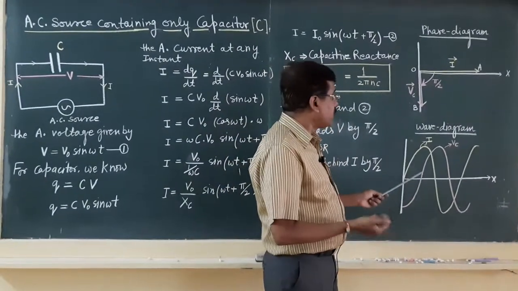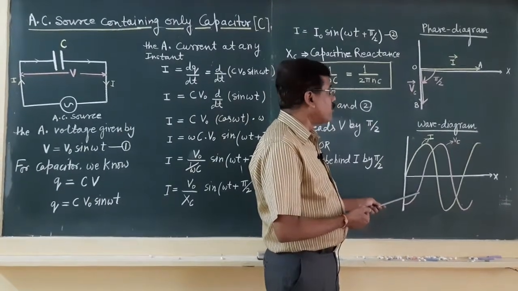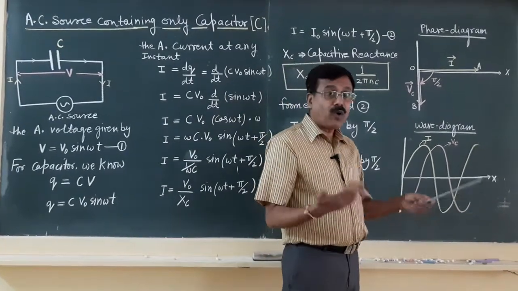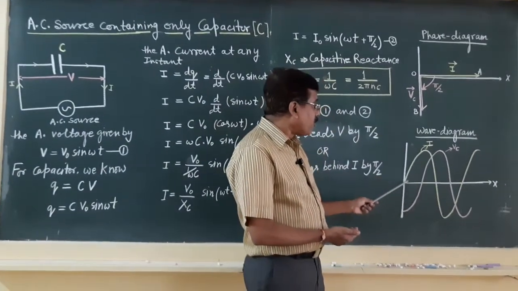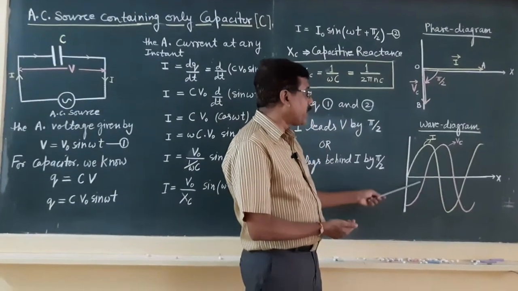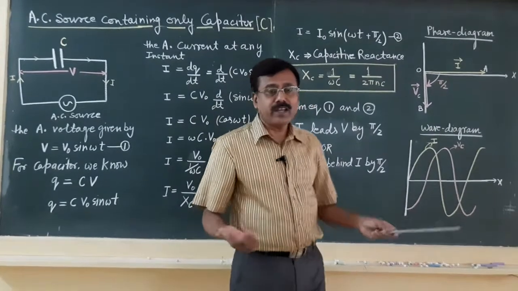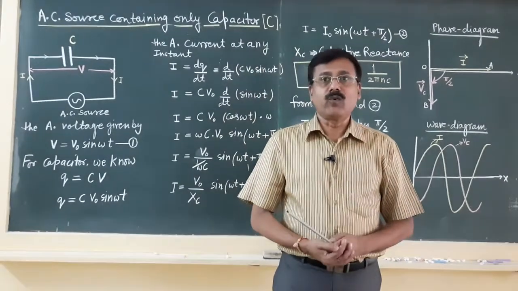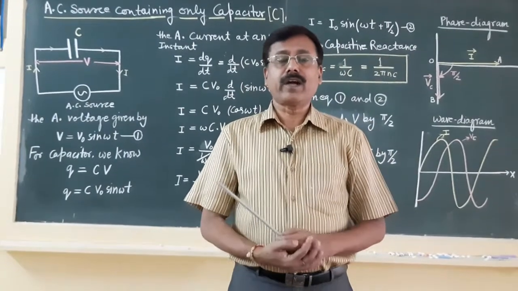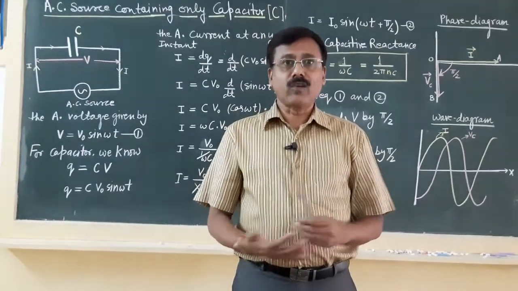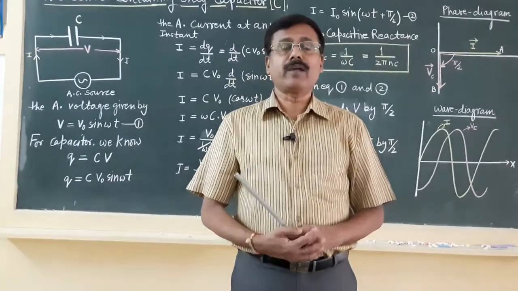So, you can say that the current leads voltage by pi by 2, or you can say that the voltage across the capacitor always lags behind by pi by 2. So, in this way, the phase difference between voltage and current across a capacitor is always pi by 2.